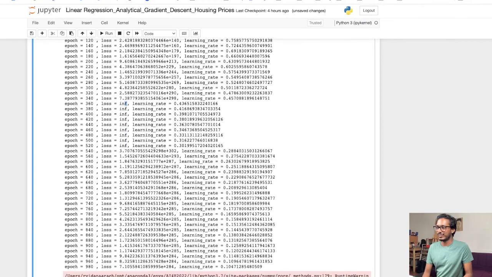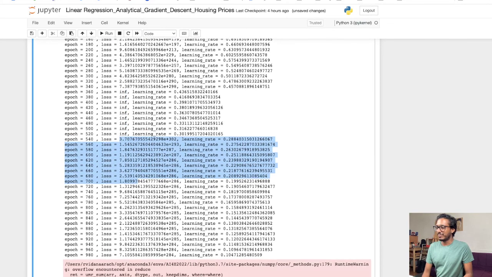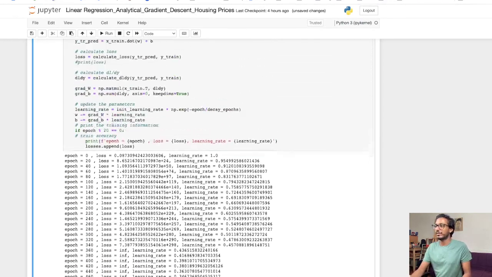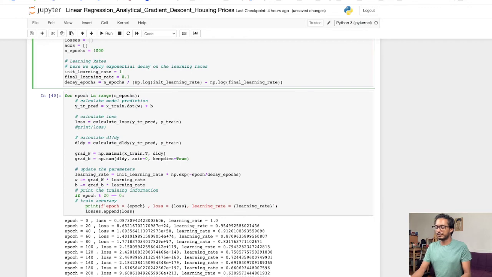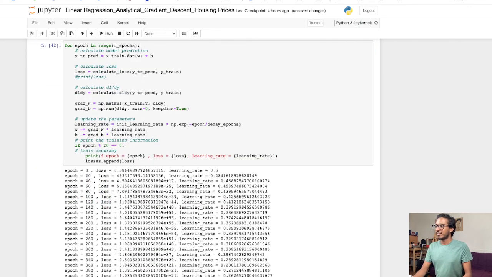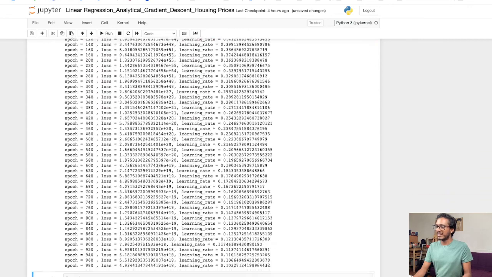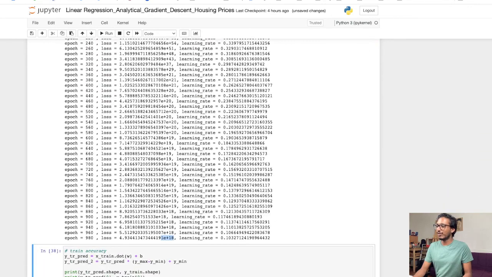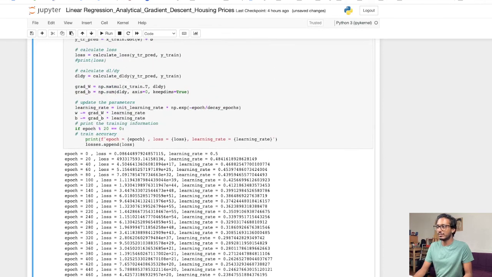And yeah, you can see that it became a huge number just because our learning rate was big. Let's say 0.5. So it again overshot by a huge amount, 4.9 times 10 to the power of 18. So this is again huge, which is not something we want, right?